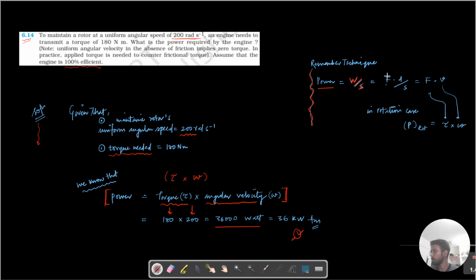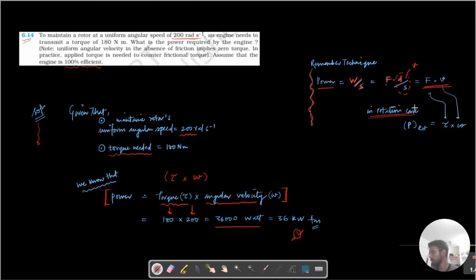And work is also written as force into displacement. If we divide displacement per second, this is nothing but velocity, displacement per unit time. So power is force into velocity, and this is for translational motion.